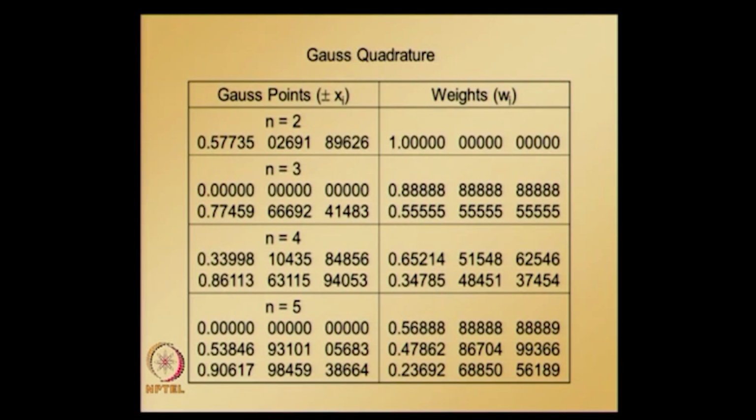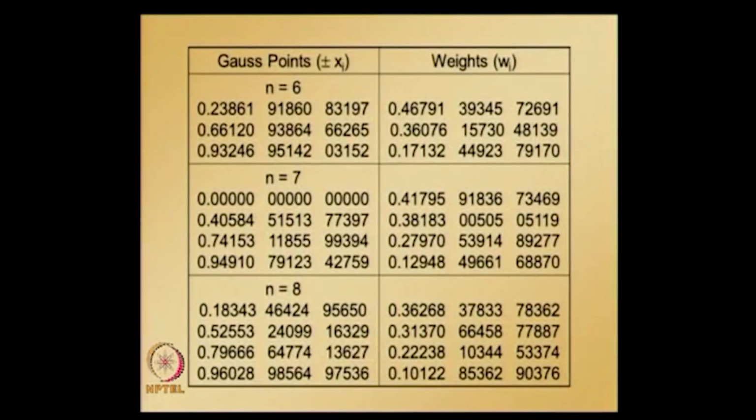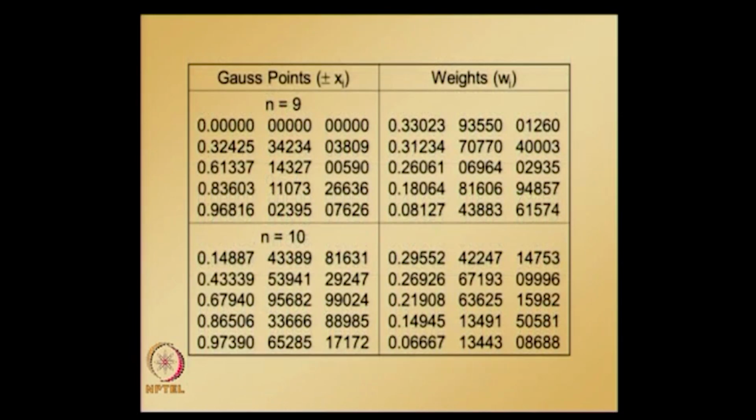Here, for n equal to 2 to 5, points and weights are shown, and the rest of the points and weights are shown in the next table: n equal to 6, 7, 8, and similarly n equal to 9 and n equal to 10. These values of Gauss points and weights can also be obtained using any of the commercial software like MATLAB.